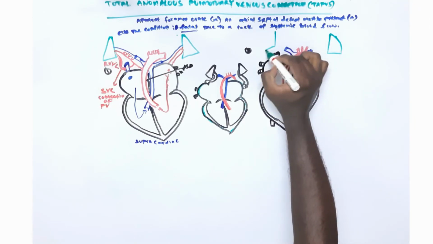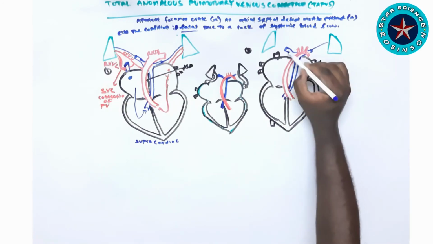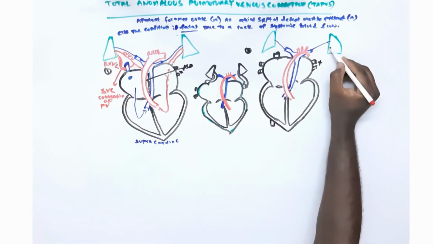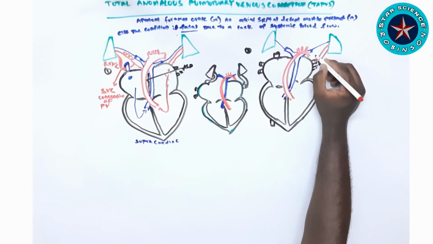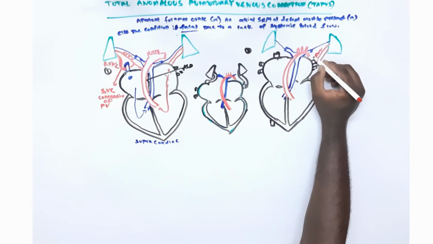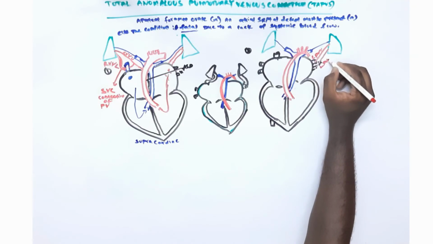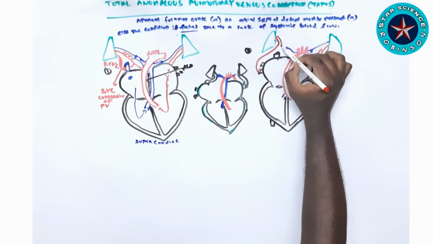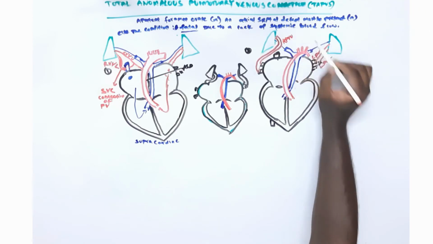So now I am showing you either side of the lungs. From the lungs the pulmonary vein will get into the right atrium but not to the left atrium. I am going on with a diagram. It might connect to the left atrium, or all the pulmonary veins will connect to the right atrium, or it might connect to the coronary sinus in the right atrium.